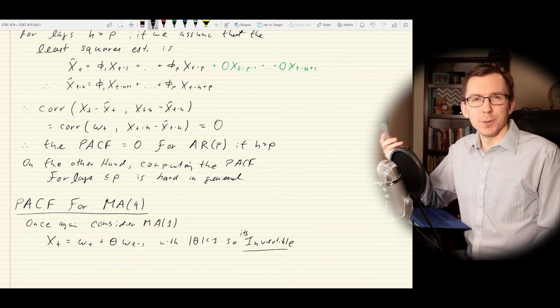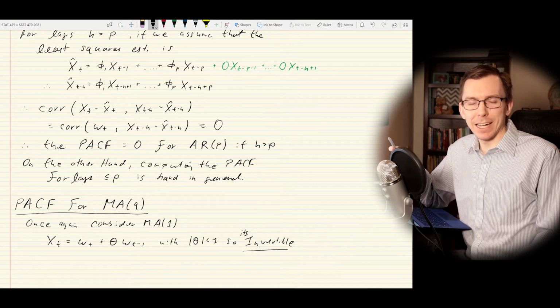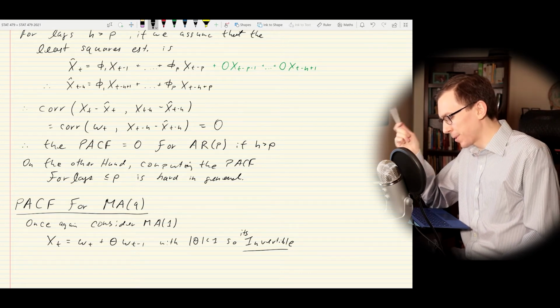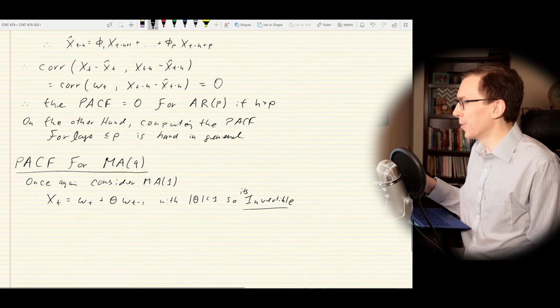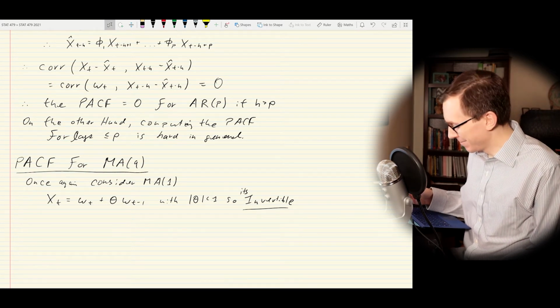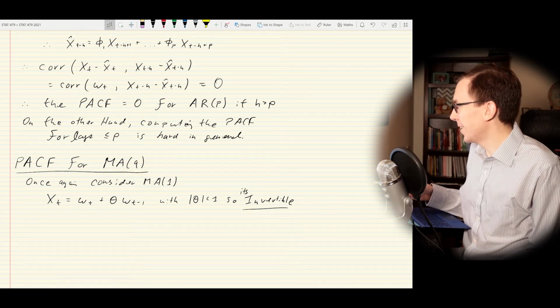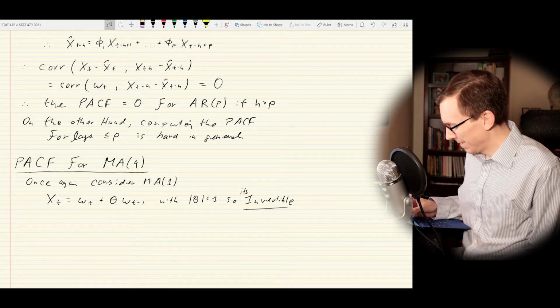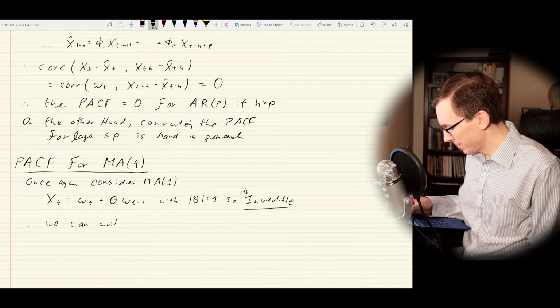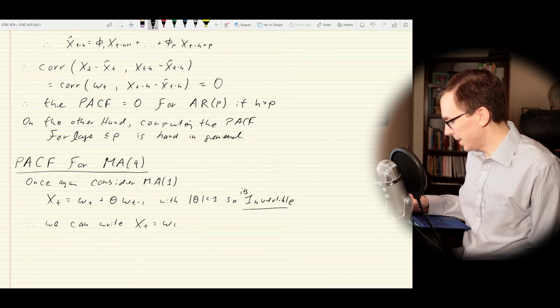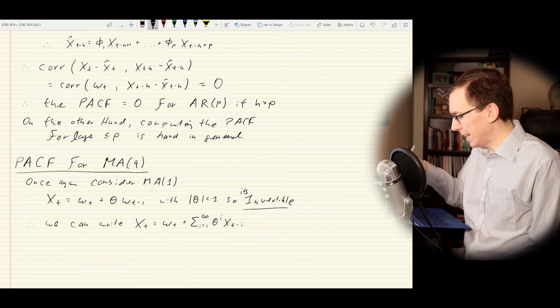Remember, this is kind of like the dual property to the causality that comes out of an autoregressive process. We want an invertible MA process because we're going to, well, invert it. Therefore, we can write wt equal to xt plus the sum from 1 to infinity of minus theta to the i xt minus i.